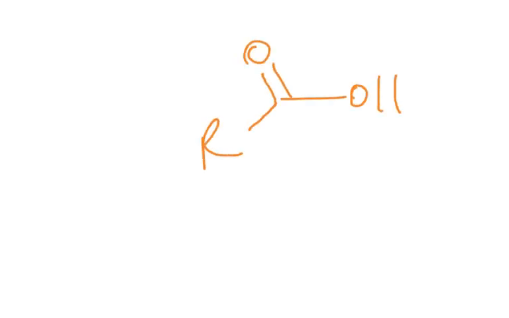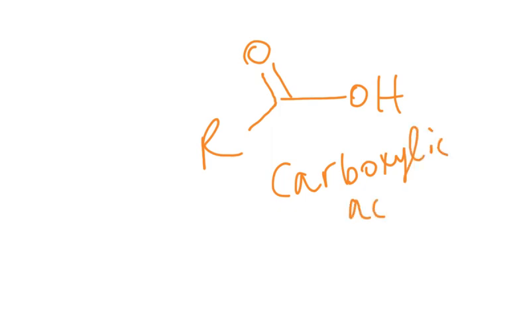And another thing we can talk about is this functional group right here, which we said was a carboxylic acid functional group. I'm emphasizing acid because carboxylic acids are acidic, so they have a lower than normal pH.